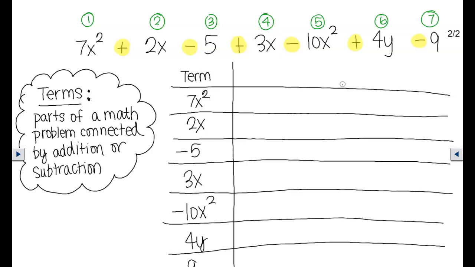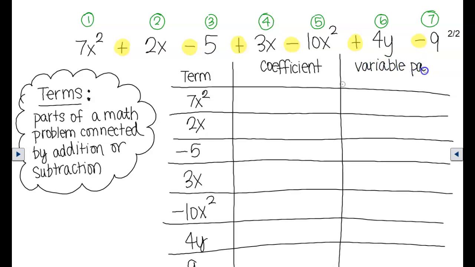Okay, now, each of these terms has 2 parts. Each of these terms has a coefficient and then a variable part. And we are going to refer to that variable part as being the term's last name.